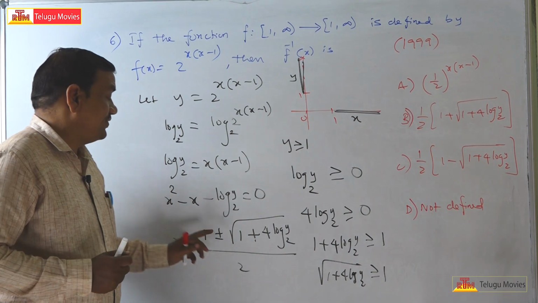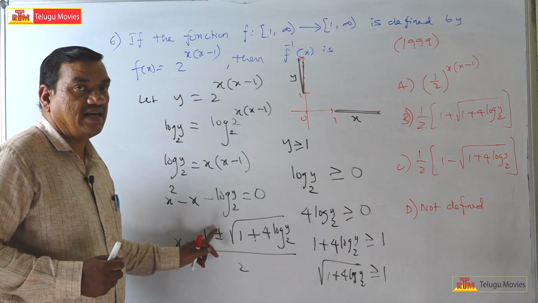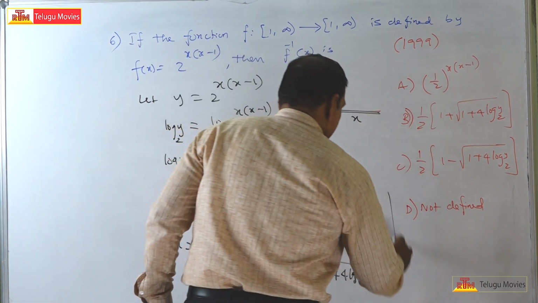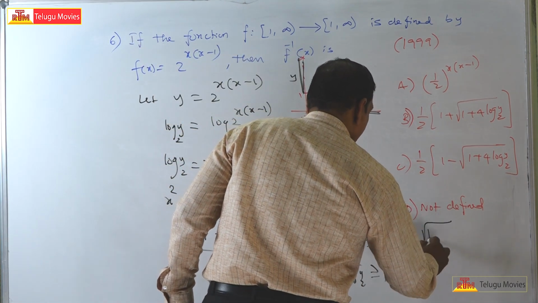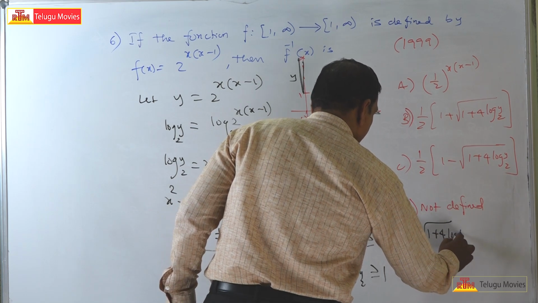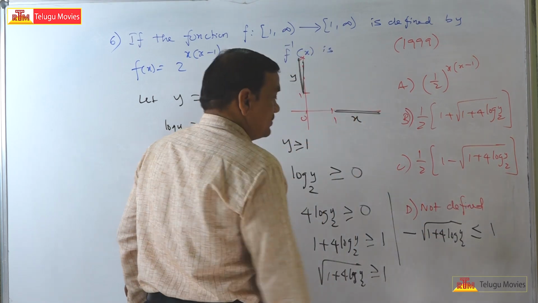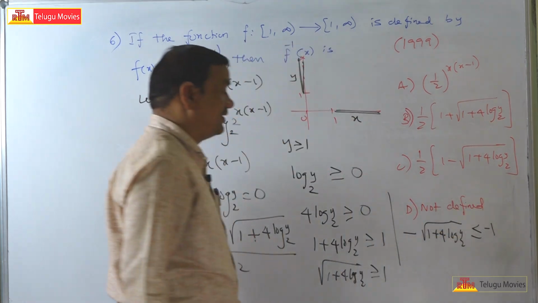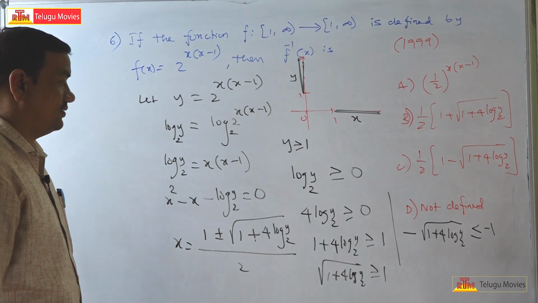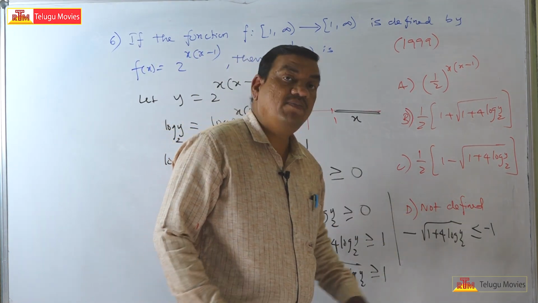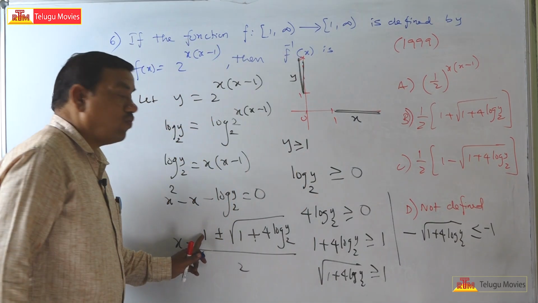Let us see what happens if you take minus. If it is minus root of 1 plus 4 log y to the base 2, that means it is less than or equal to minus 1. We are multiplying by minus 1 on both sides, so the inequality reverses.